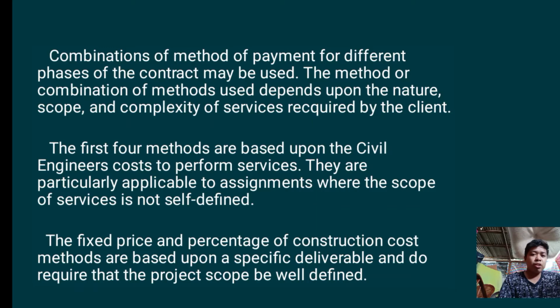So kung yung first 4 methods of charging for a civil engineering service is not self-defined, doon naman sa last 2, na fixed price and percentage of construction cost methods, the project scope is well defined. So on the next slide, we will proceed to the discussion of each method of charges for civil engineering services.